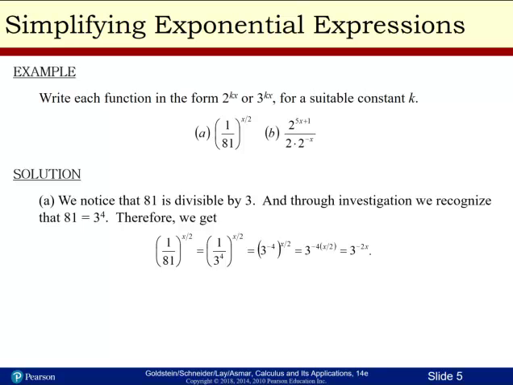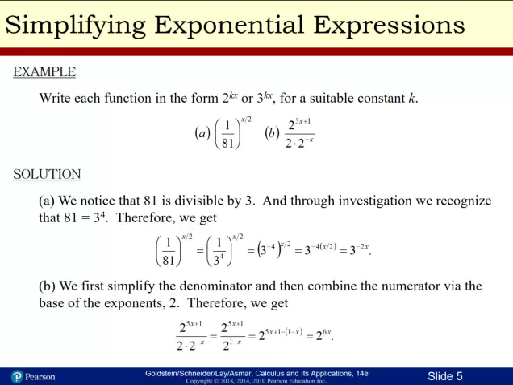Then we're going to use our power rule where I have a number that's raised to a power all raised to another power. We're just going to multiply those two, so it's negative 4 times x over 2. Simplifying that, we'll get 3 raised to the negative 2x. That's a little easier on the eyes. Might be a little easier to take the derivative of too.